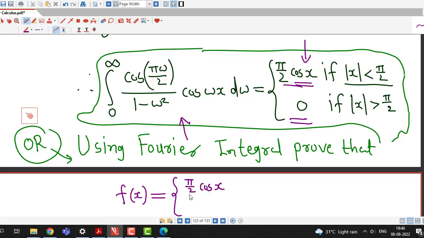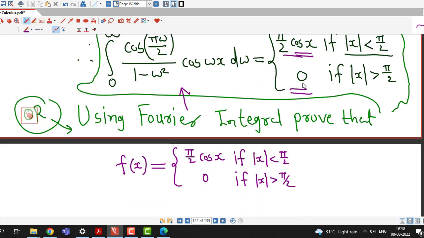If you wish, you can ignore the constant π/2, and if you take π/2 also, there is no problem. Whenever they ask this type of question, you consider f(x) equal to the right hand side of the question, and then you decide the Fourier integral of this function f(x).